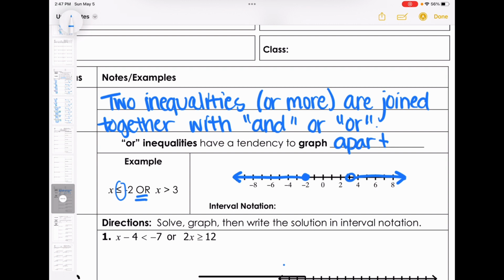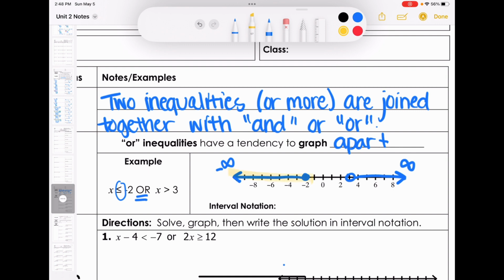Now we're still going to be doing interval notation, so just like we've been doing before, if your arrow is pointing to the left, that means it goes to negative infinity. If it's pointing to the right, that means it's going to positive infinity. So this first one right here, it's pointing to negative infinity, so it's going to be parentheses, negative infinity, comma, negative 2 with a bracket because it's a closed circle.